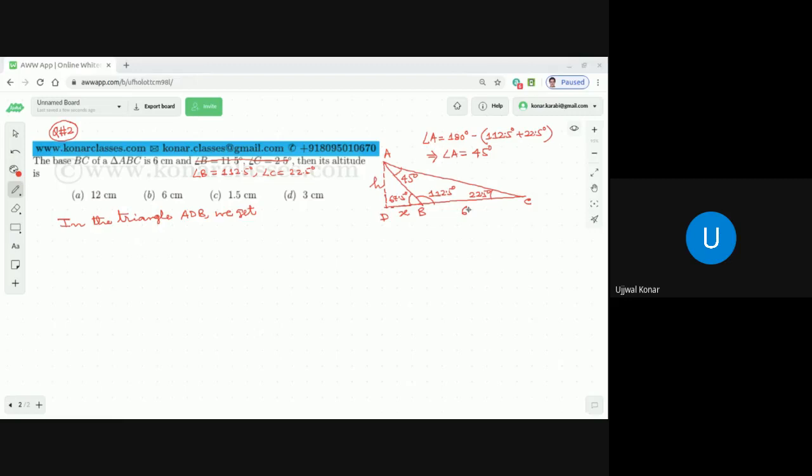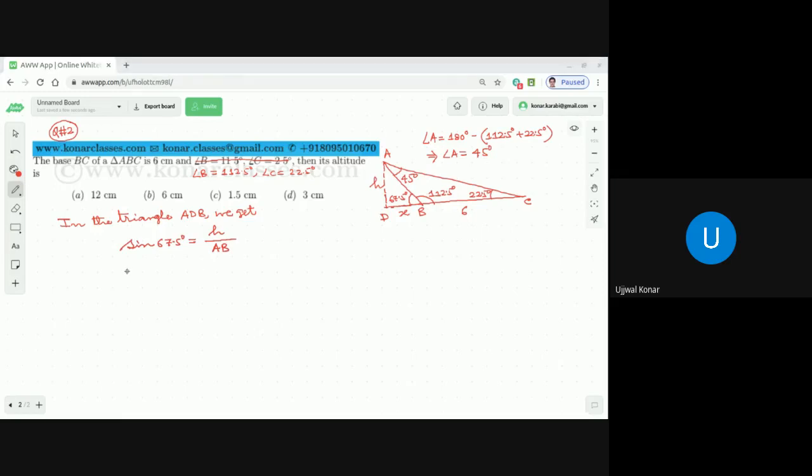So let's take sine of 67.5 degree, which is equal to H by AB. Correct? So from here, H is equal to AB sine 67.5 degree.